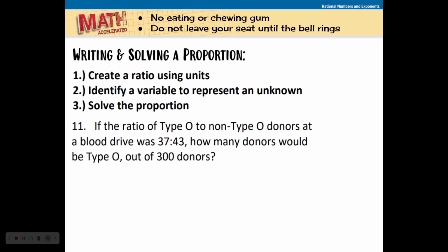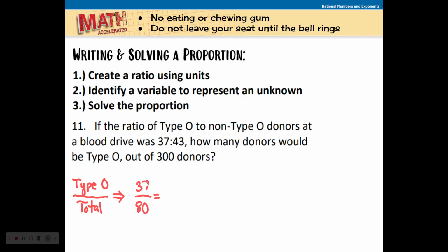Number 11, if the ratio of type O to non-type O donors at a blood drive was 37 to 43, how many donors would be type O out of 300? So comparing type O to the total number of donors. Now, if that ratio here is 37 to 43, there's 37 type O, the total number of donors is 37 plus 43, or 80.